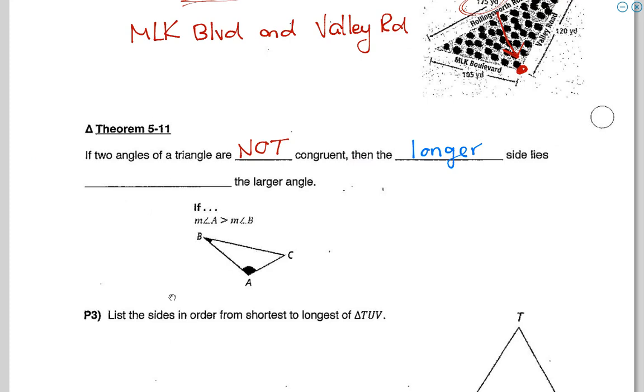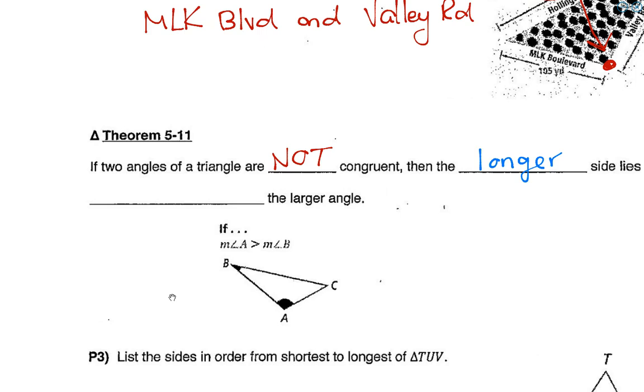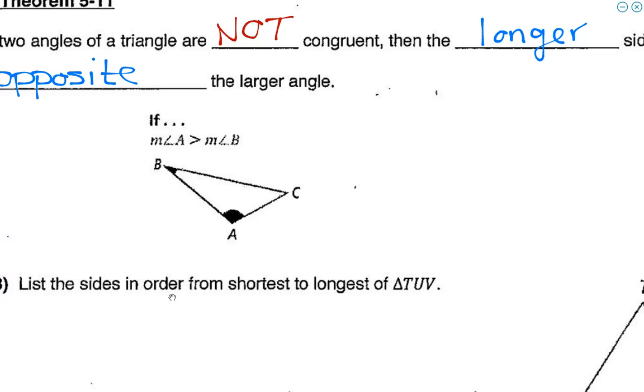The longer side lies opposite the larger angle. So if the measure of angle A is greater than the measure of angle B, then BC is going to be greater than AC.